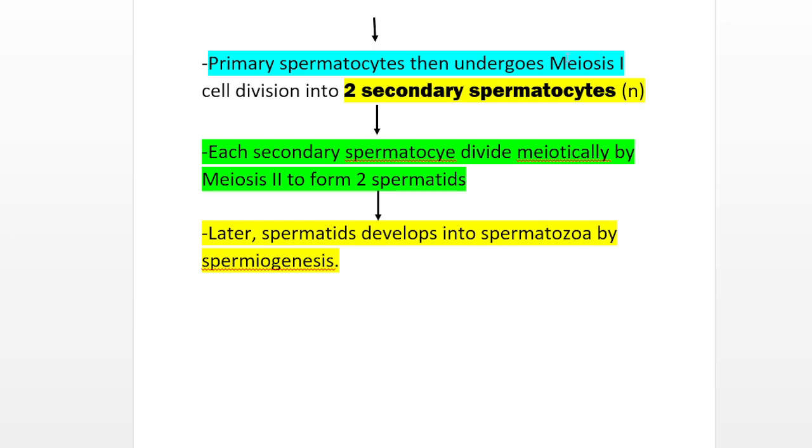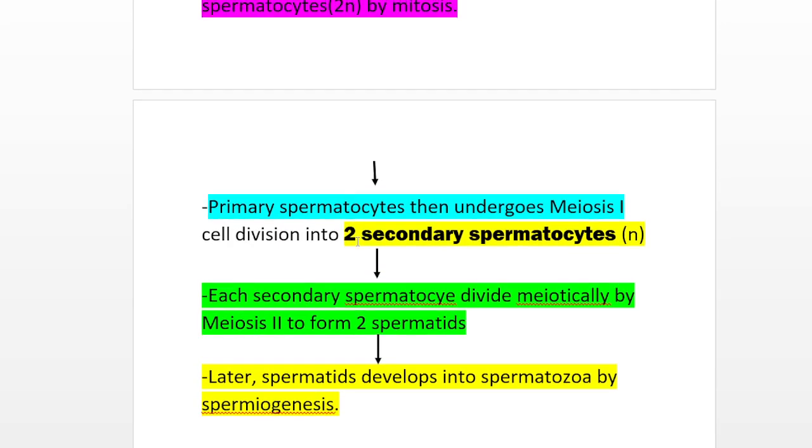Meiosis first is a reductional cell division, whereas meiosis second is the same as mitosis. Later, the spermatid develops into spermatozoa by spermiogenesis.